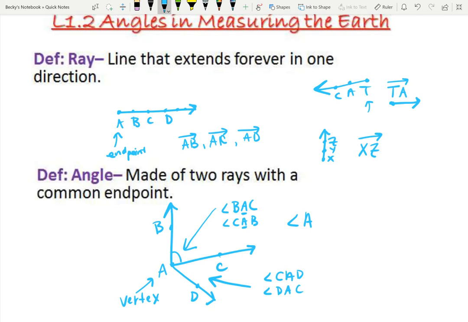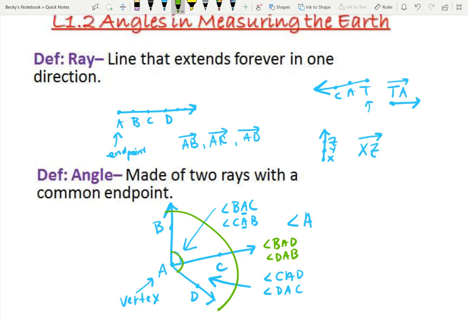Now, if I want this big angle, again, your vertex is A, the angle's bigger, but that's okay. I could have BAD or DAB. So again, grading this stuff, I have to be really careful because there are many answers, and just go by the rules.